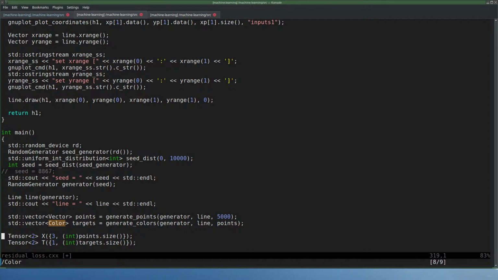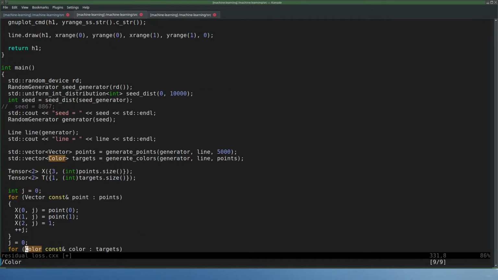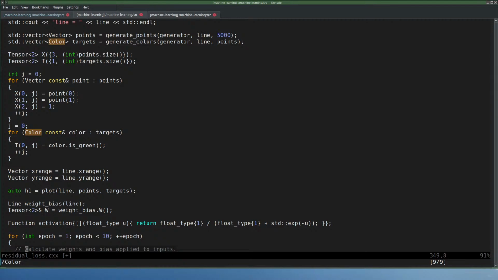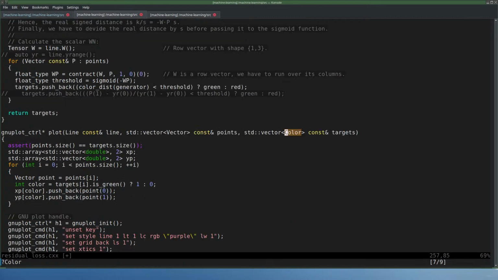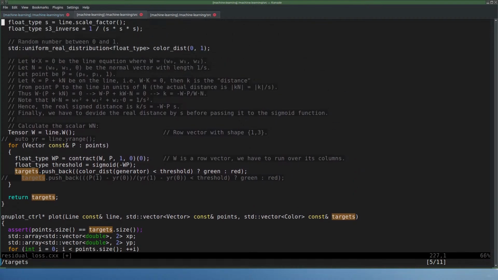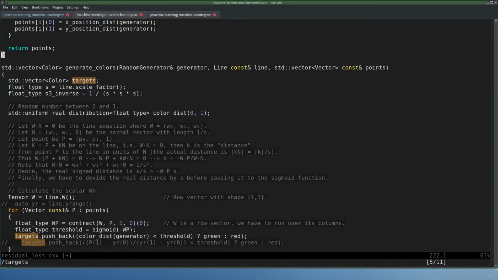Targets is whatever is returned by generate colors. We move that as green to T. Looks all good to me. And then what is this function doing with the targets? Oh yeah, I just looked at that. Well, that's not a problem. Then the problem must be this function. Generate colors.